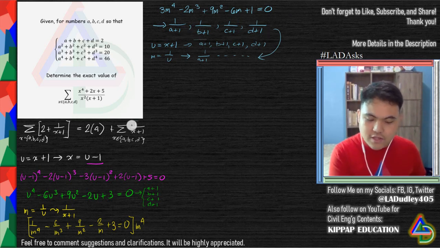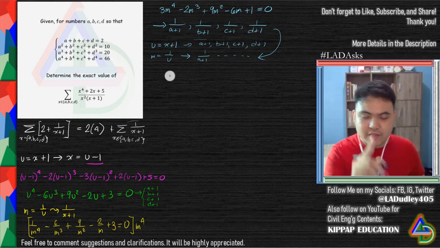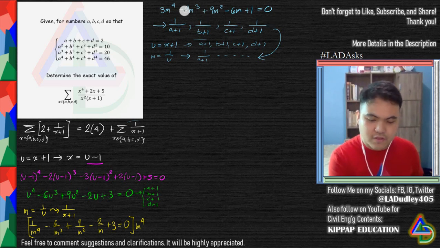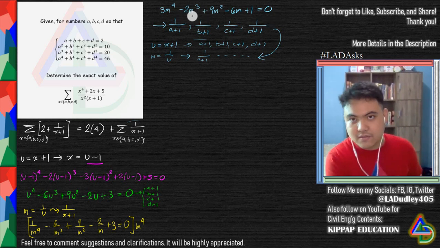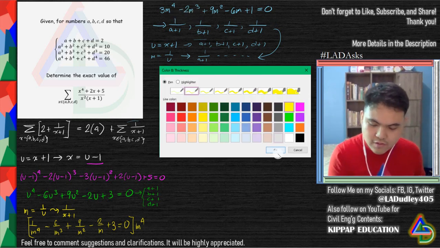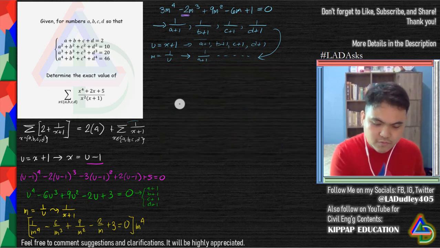Makukuha na natin yung sum nilang apat. Paano? Vieta. Diba? Vieta's formula. The sum of the roots of any polynomial equation, kunin lang natin yung second highest na degree term, yung coefficient niya. Right? So, ano yung coefficient ng second highest degree term? Diba ito? Negative 2.